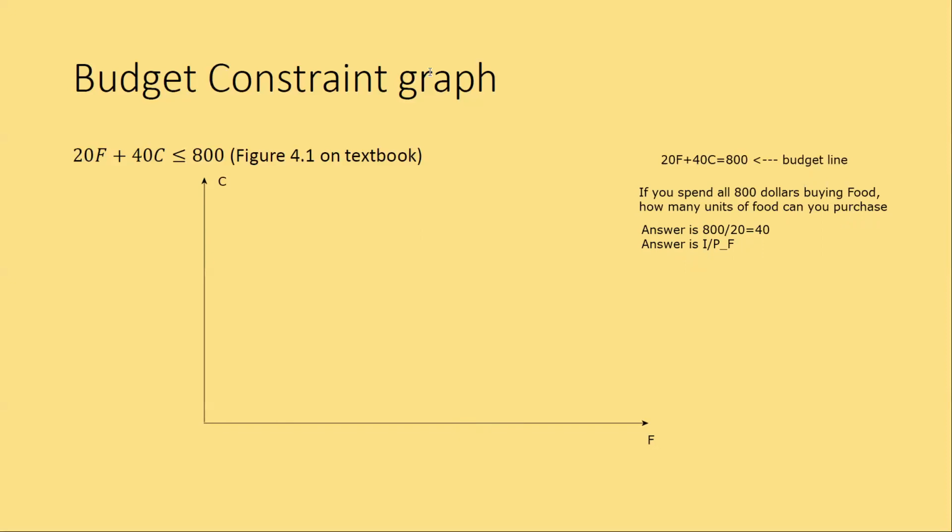So let's say 40 is at this point. This point is 40. And this is found by calculating I divided by PF. So let me just draw it. This is calculated by your income divided by the price of the food.